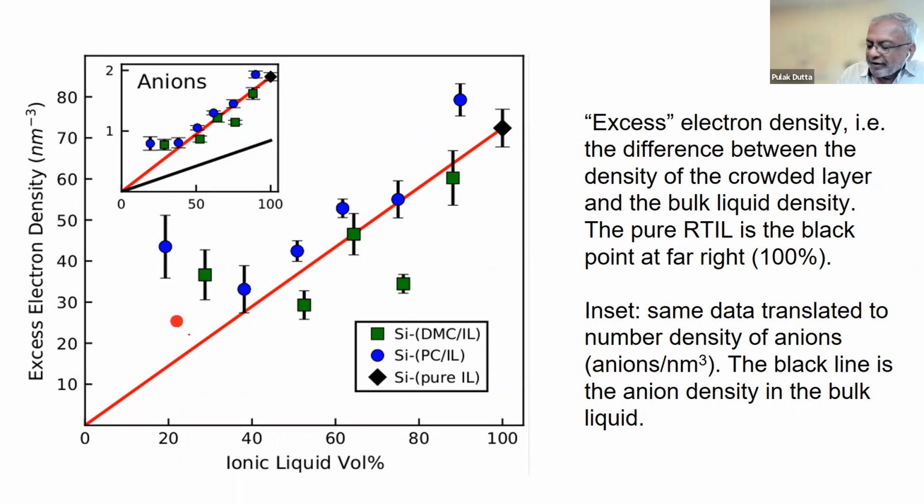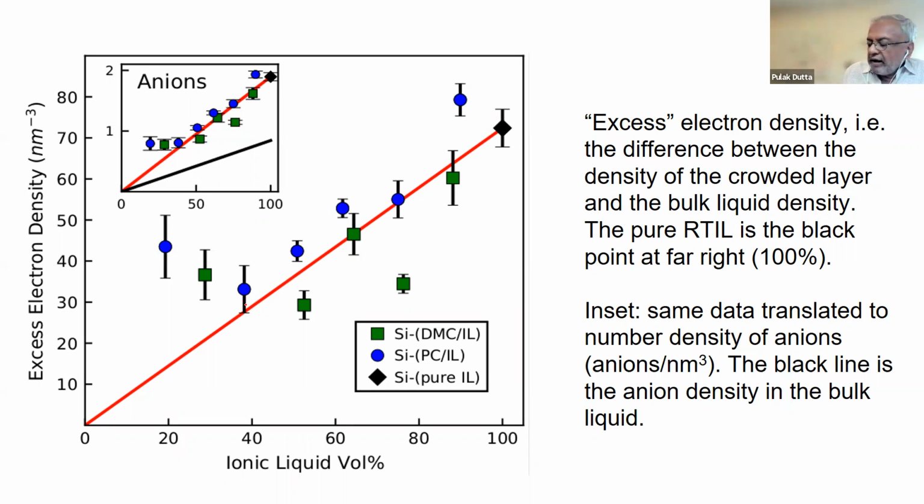I'll come back to these points later, but here there's a linear relationship, which is consistent with saying everything is diluted by the solvent. If you have half as much ionic liquid in the bulk, you have half as much ionic liquid in the pile-up layer. So that's a reasonable assumption. Down here, it starts deviating.